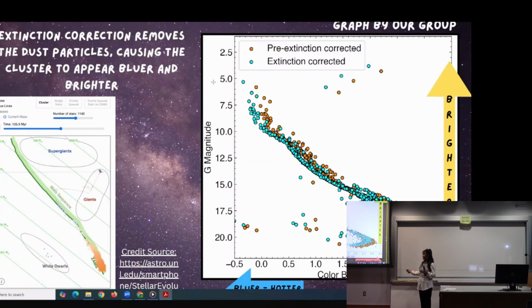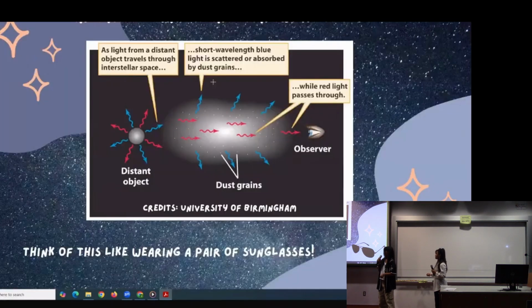In this graph, the x-axis represents temperature, and the y-axis represents luminosity. The only difference between these two graphs is that they go under different names, but they are still the same.